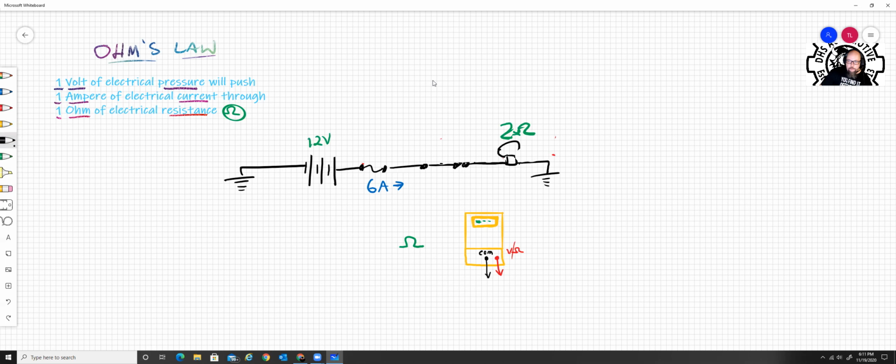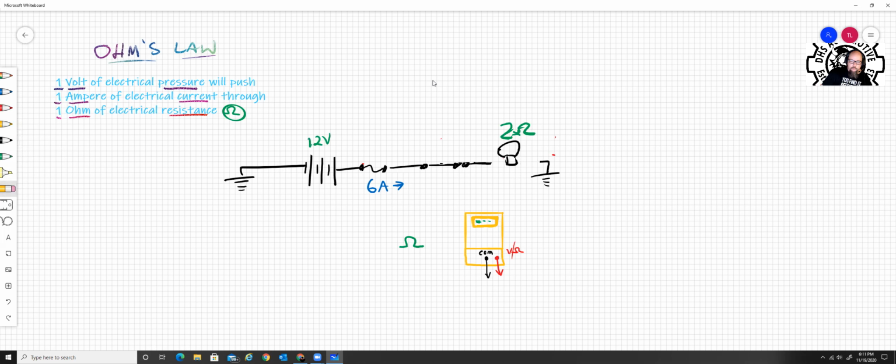Let's go ahead and fix our little bulb here. That's got 2 ohms. I want to find out if it has 2 ohms. So I set my meter to ohms. I have to make sure that I disconnect the part that I'm measuring from the circuit, because all 5 parts of the circuit that make the circuit work are being taken over by the meter. The meter's got to take care of the power, the protection, the switch, and the wiring.